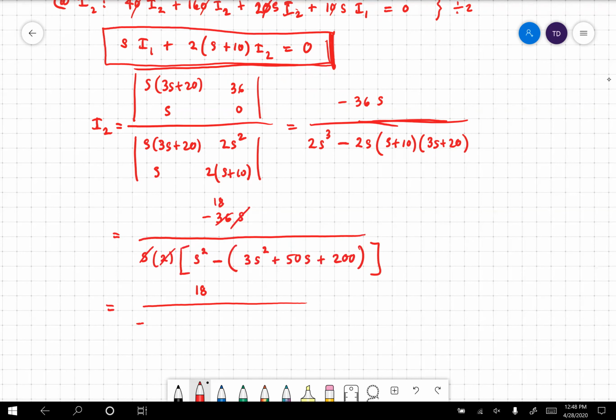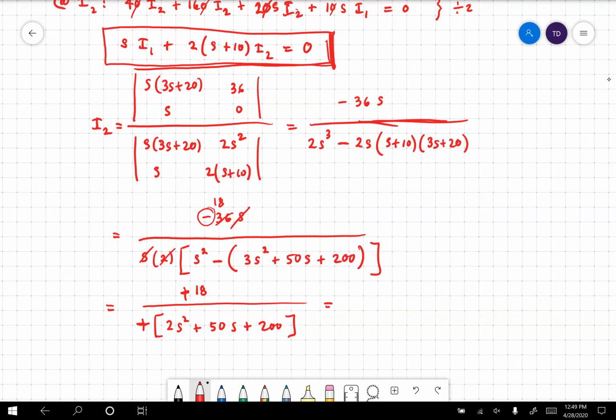Everything else is going to be negative. So here's my negative, and I lost this negative in the numerator. That's going to cancel with this negative in the denominator down here. So leave that negative there. And then it's going to be 2s squared plus 25s, plus, not 25s, 50s plus 200. Okay, plus plus.